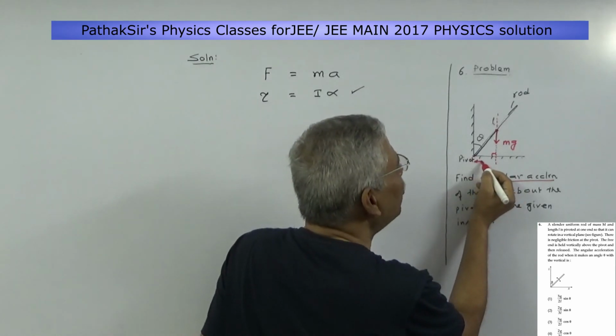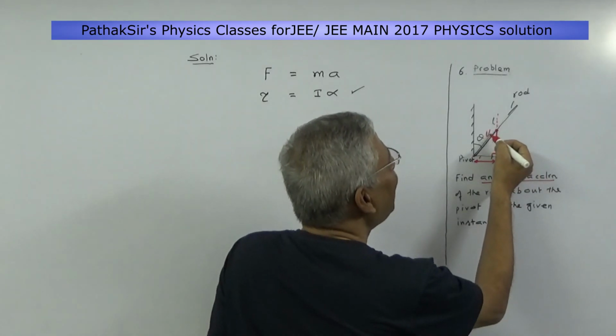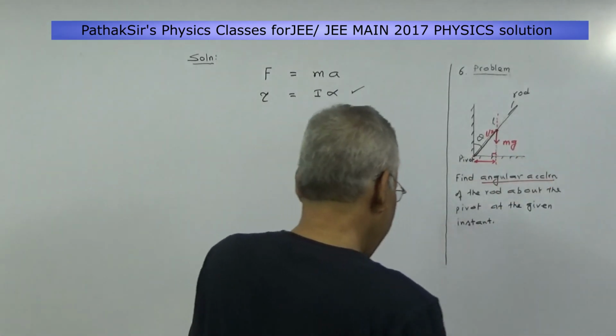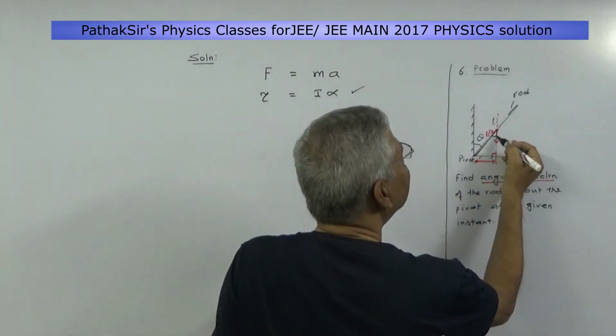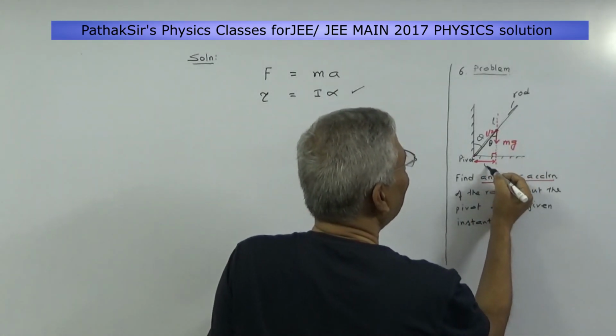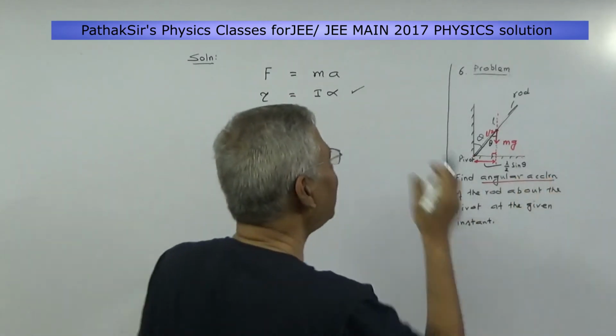This is L by 2, and the perpendicular distance is L by 2 sin theta, with this theta.